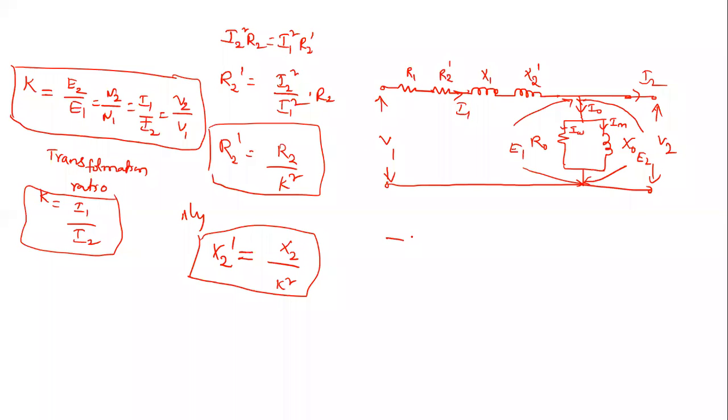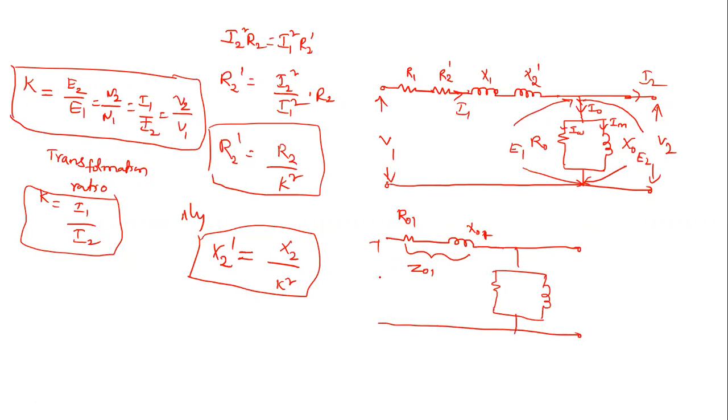Further, I can add all the resistances and all the reactances: this gives R01, this is X01, and the summation of these two is Z01. Here is V1, current I1 flows, with I0, IW, X0, R0, and you can mention E1 and E2 also.